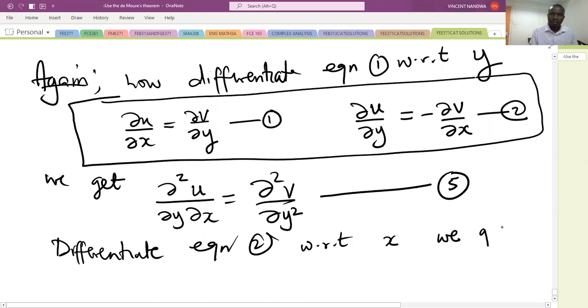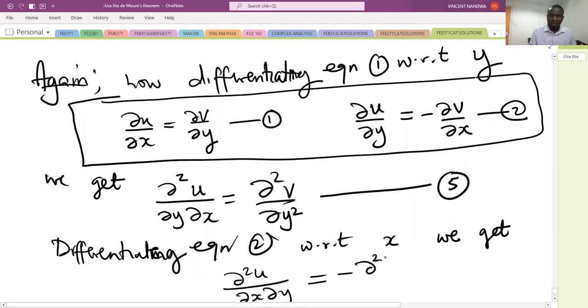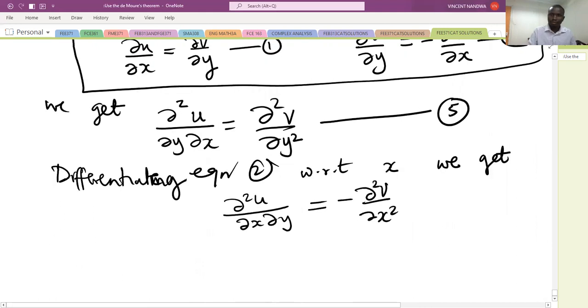We get, so this one will give us partial squared u partial x partial y is negative partial squared v partial x squared. Let's call this one equation 6.